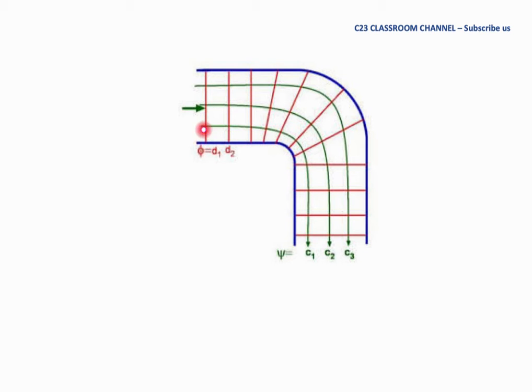So we need to draw a vertical line like this for this section, and then a little bit inclined like this to make sure that at this point the cross section between the velocity potential line and the streamline is in perpendicular condition. So it's inclined a little bit and becomes a horizontal line here to remain the perpendicular condition like this.